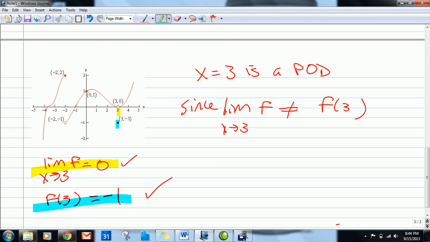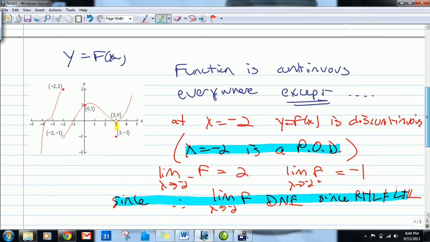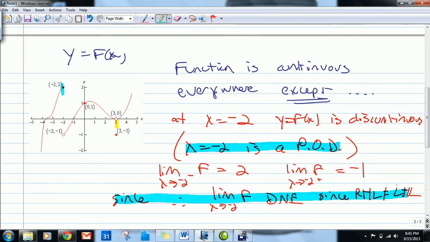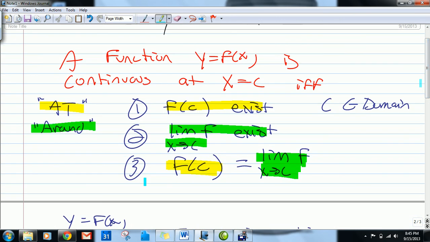So for that function we have 2 points of discontinuity. At -2, we don't have a limit that exists. And at 3, the function value at 3, which is -1, is different from the limit as x is approaching 3. So going back to our definition of continuity at a point, each of these three things has to happen in order for our function f to be continuous at a point.